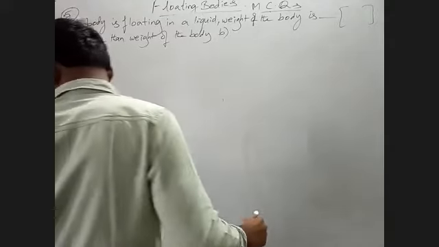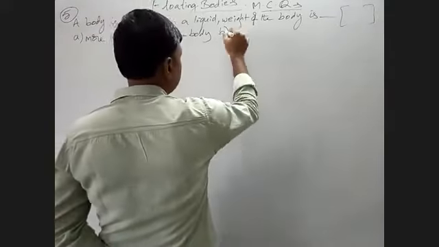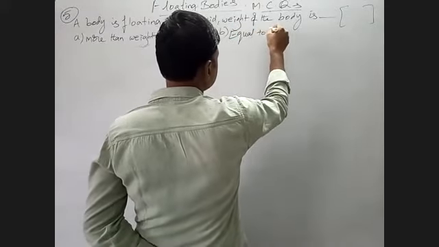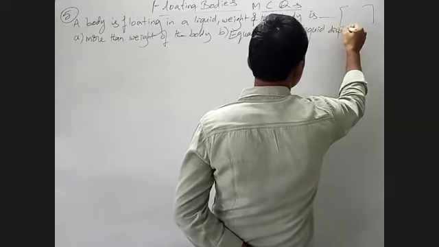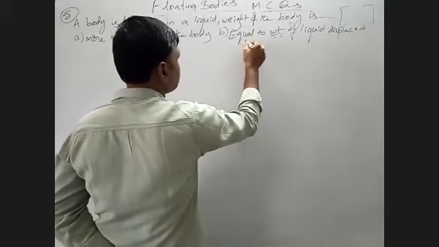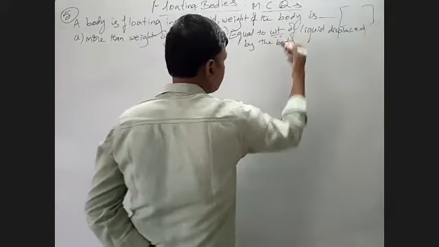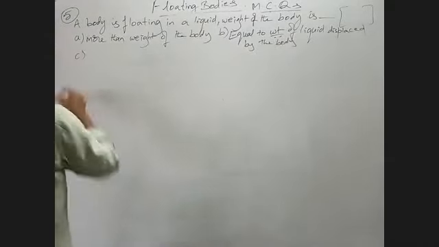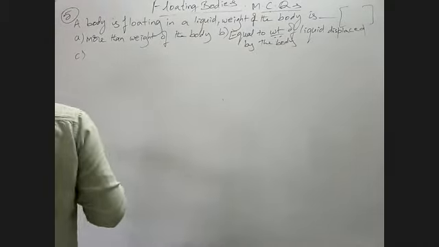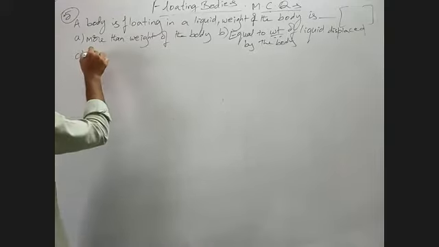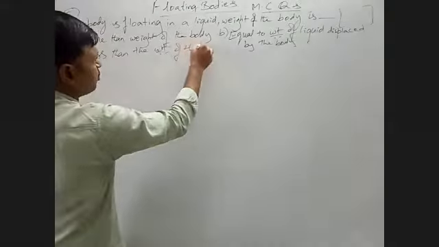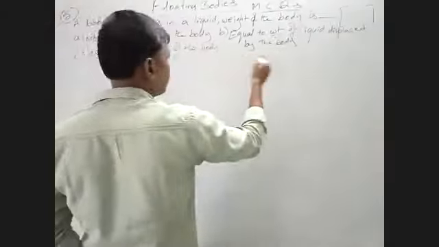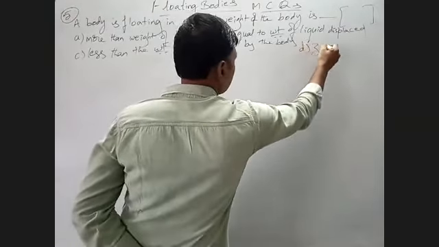Option B: equal to the weight of the liquid displaced by the body. So by this time we get to the answer. By the time we are getting two choices: less than the weight of the body, less than the weight of the body. And finally option D.